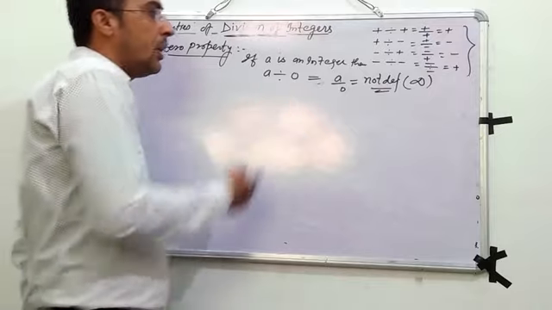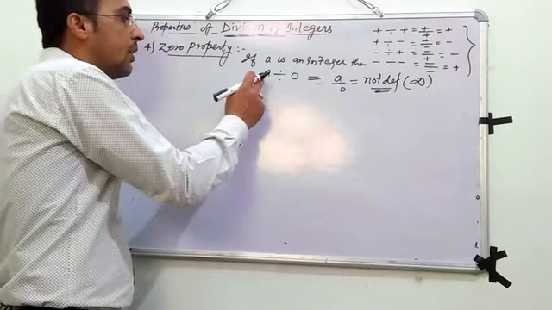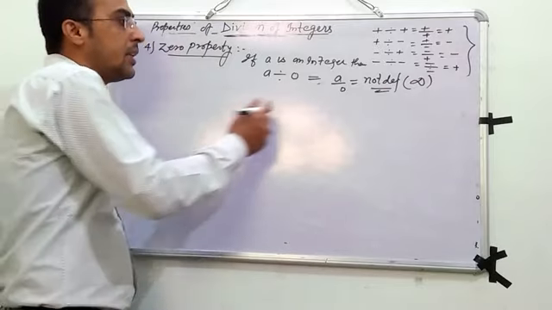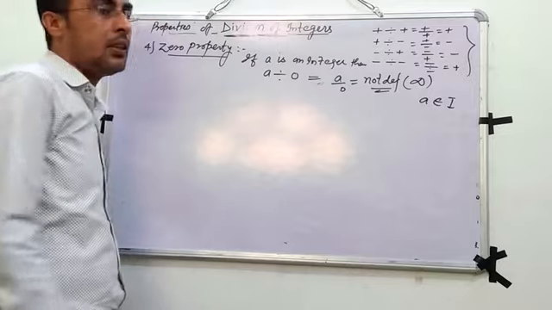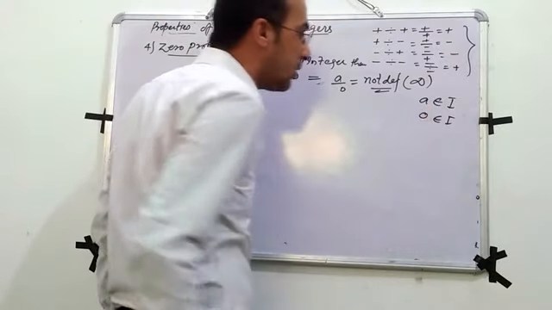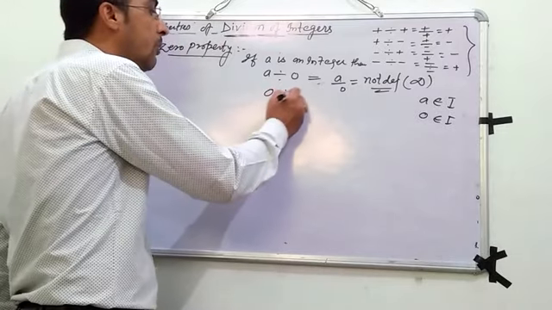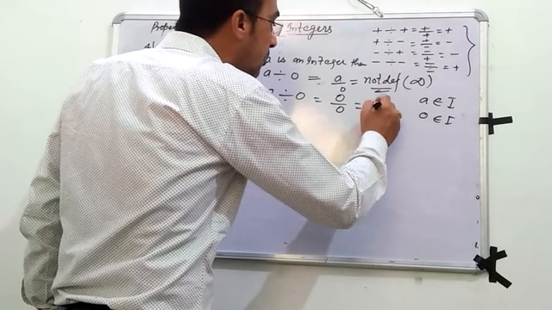So any number which is divided by 0 is never defined. With one more thing: A is an integer. If A equal to 0, it means 0 is also an integer. Then 0 divided by 0, what will be the result? It is also not defined.